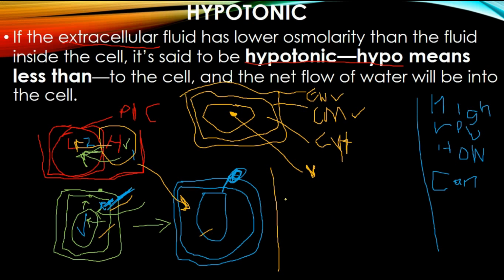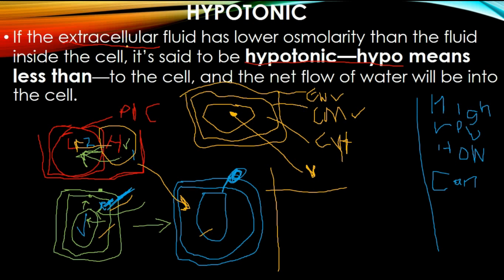So the word we can use to describe this cell is turgidity. The cell becomes turgid because it has hypotonic cell content. Water enters it.